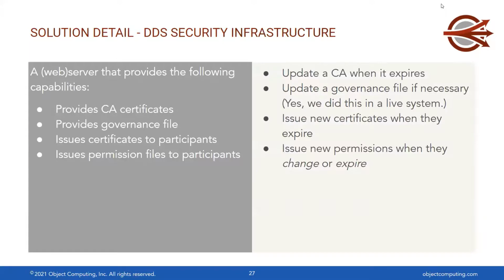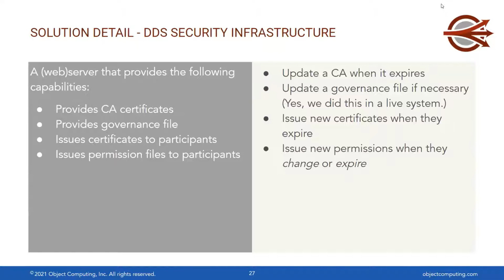So I've mentioned a variety of documents. There are 6 documents in total: 2 CAs, a public and private key, a governance file, and a permissions document. What we have found by doing this, for real, for a client in practice, is that you really need a system to manage all this, and we call that the DDS security infrastructure.